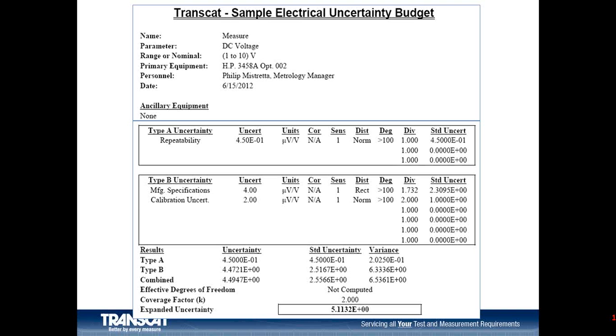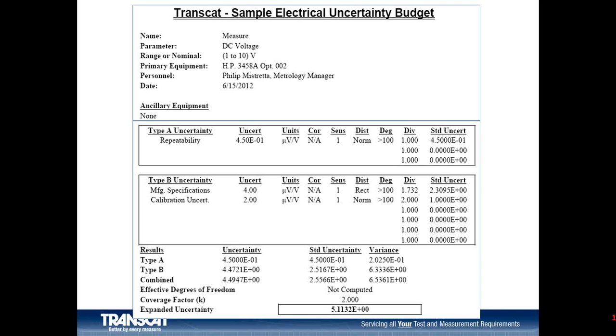So there are several sections to this. The upper section is general information, what it is we're measuring, the equipment involved. In the middle part, there are two sections, Type A and Type B. Type A uncertainty generically is an uncertainty that comes from statistical assessments, such as the repeatability and the length of the table we were talking about measuring.